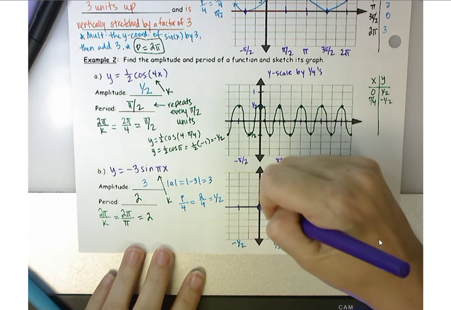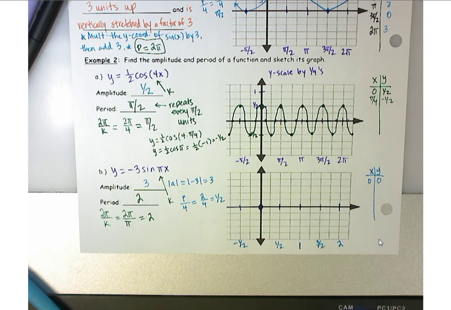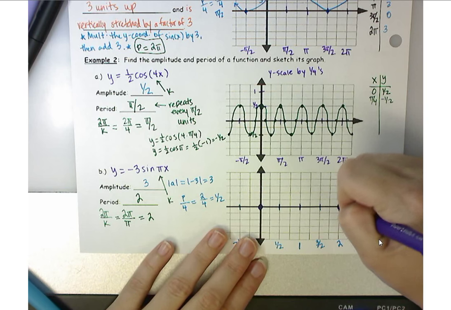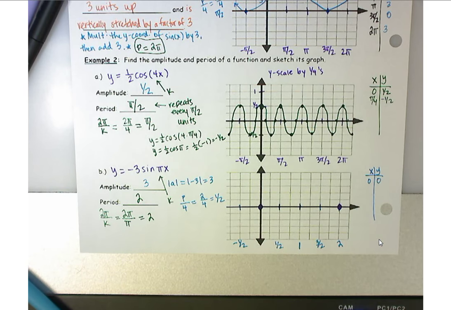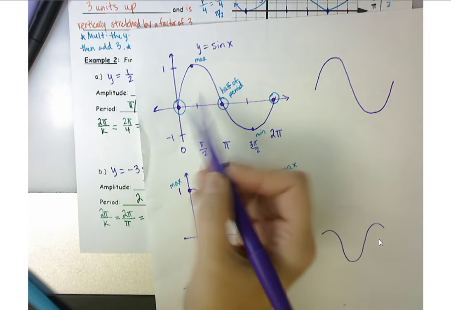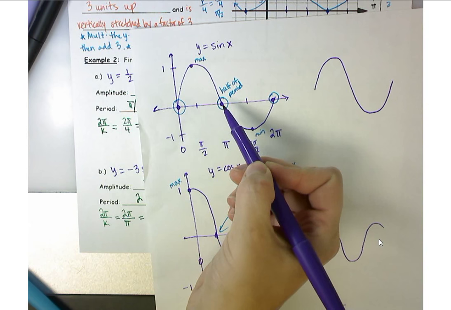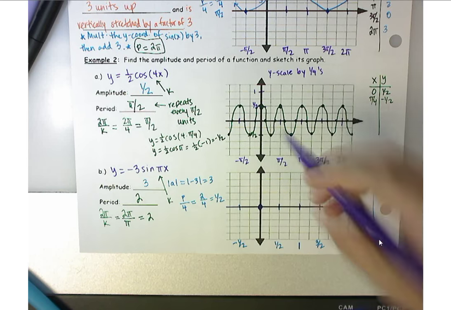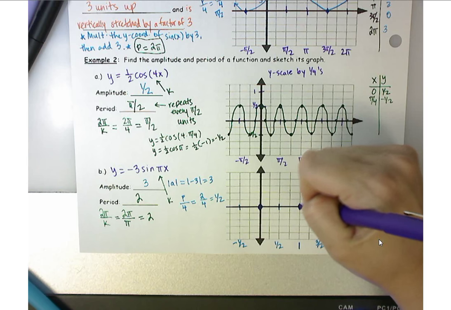Where's another 0 going to be? 2, because what's the period? 2, and every period it does what? Repeats itself. And this is sine, so for the sine, halfway in between, it crosses 0 again.